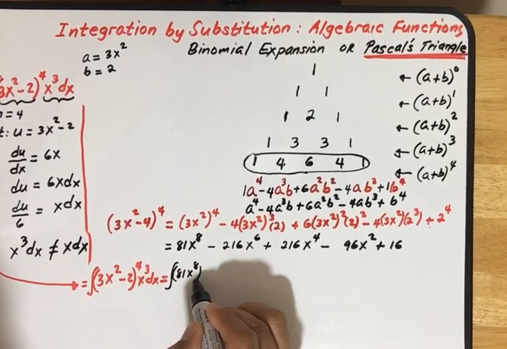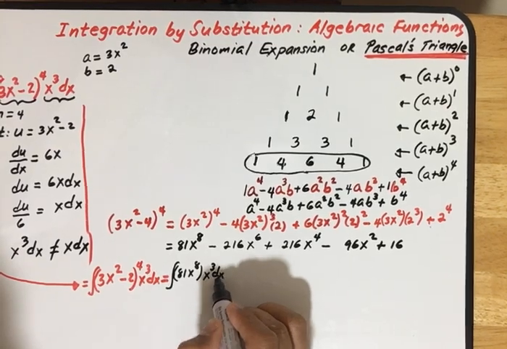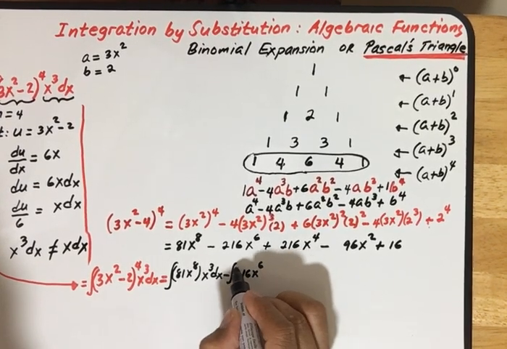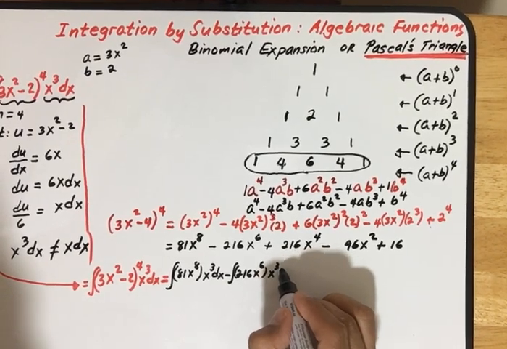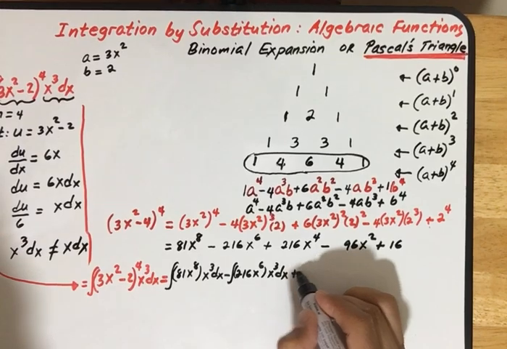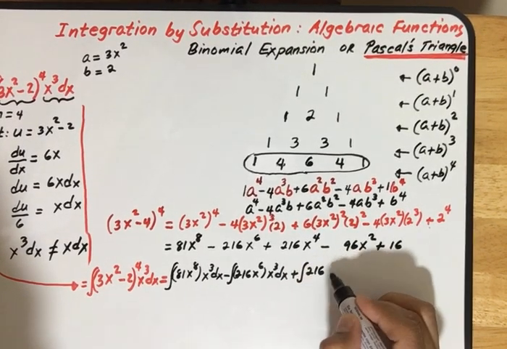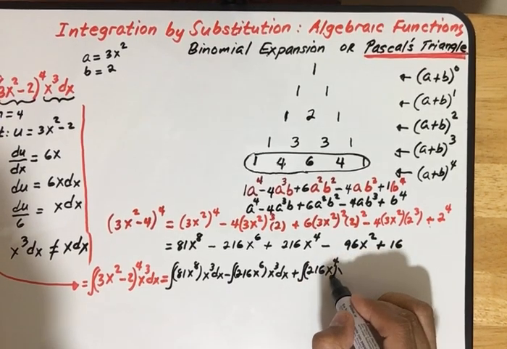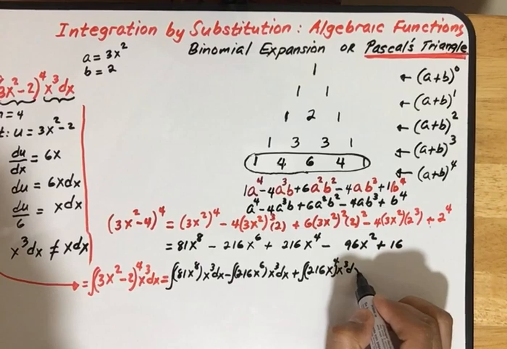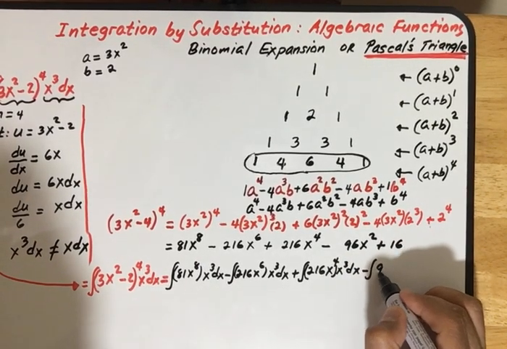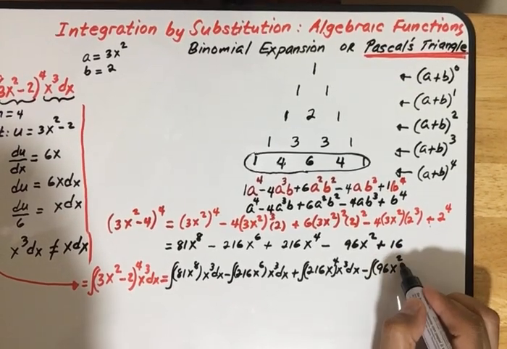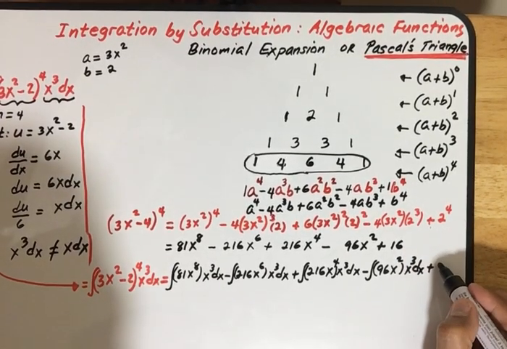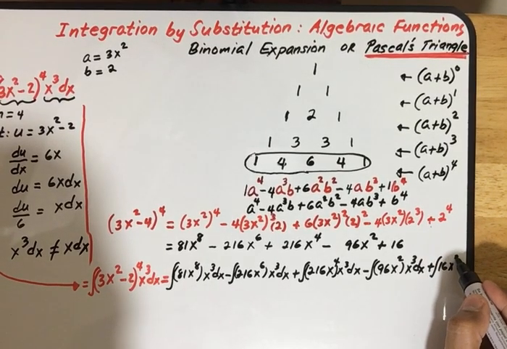So this one times x cubed dx, then minus integral of 216 x to the 6, then multiplied by x cubed dx, then plus integral of 216 x to the 4th power multiplied by x cubed, dx, then minus integral of 96 x squared multiplied by x cubed dx, then plus integral of 16 x cubed dx.